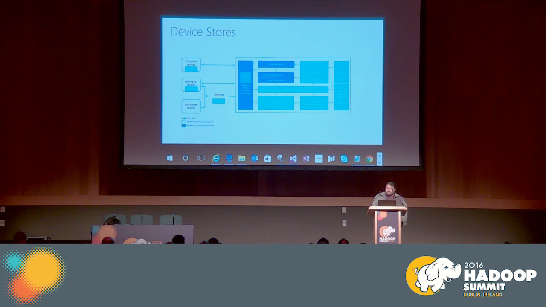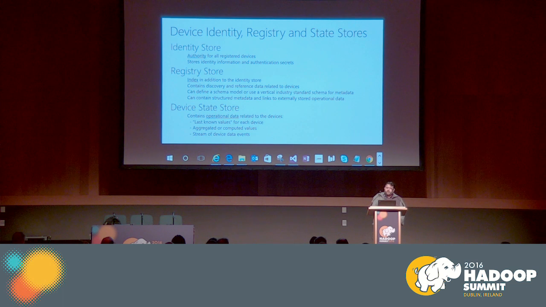Of course, you're going to go ahead and check up on the meta store and bring in all the reference data as well, and provision the APIs to make decisions around it. Just a little more details around the identity store, registry store, and the state stores. Again, repeat of the information, authoritative for registered devices, indexing in the registry store, and then operational in the state store.